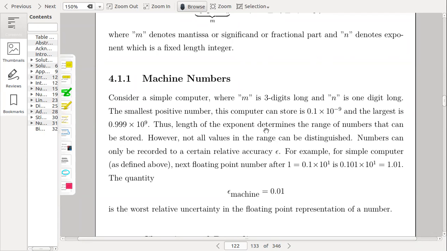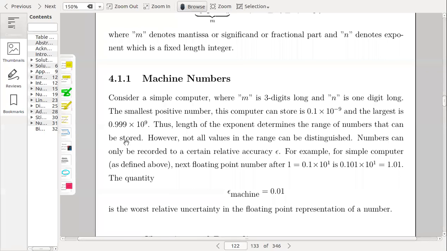Thus, the length of the exponent determines the range of numbers that can be stored. If n is 1, we can store an exponent from 0 to 9. If m is 3, we can store a number from 000 to 999, and we adjust our point before these 3 digits.